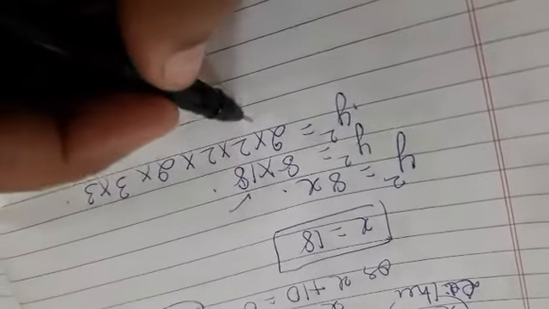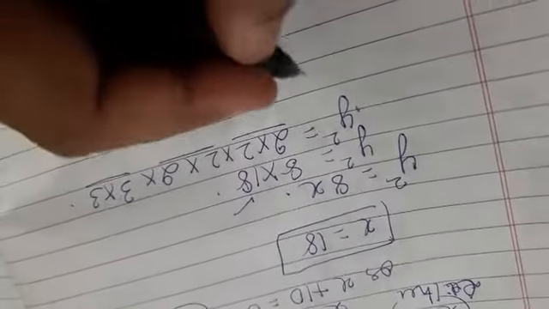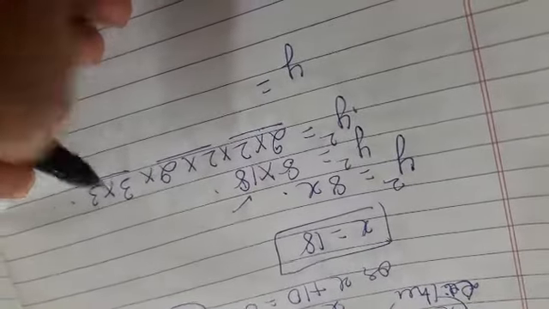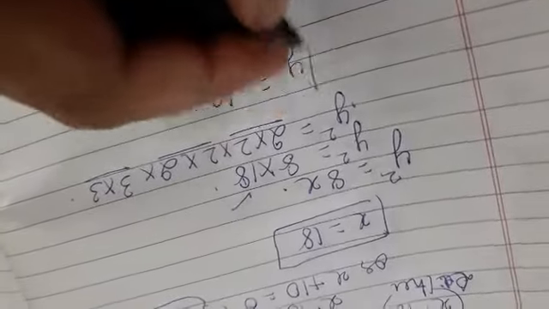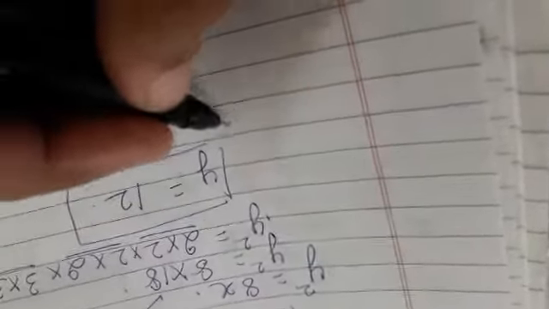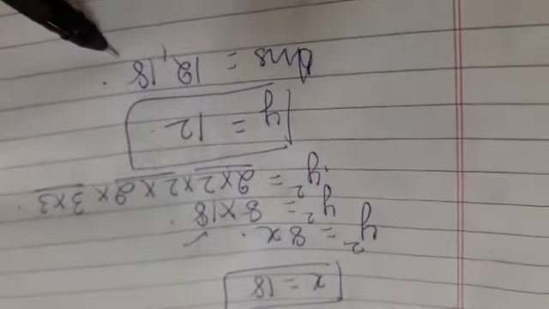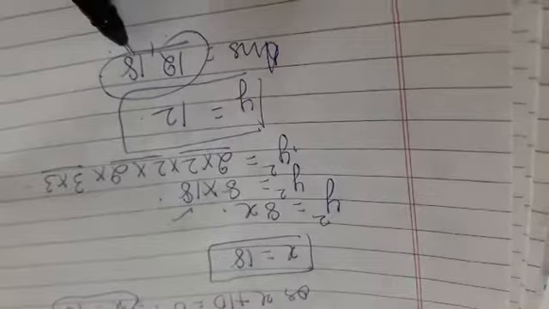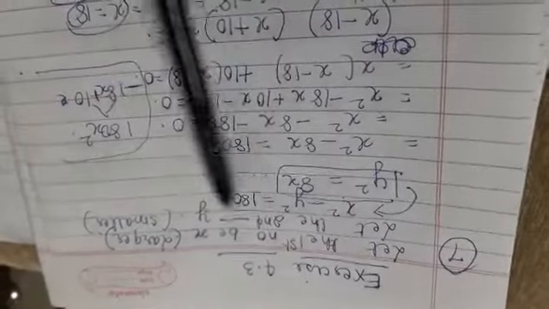So therefore I get the pairing of this, and I will get y is equal to 2 into 2 into 3, that is 12. Okay, so the two numbers are 12 and 18. The larger one is 18 and the smaller one is 12. Now this completes your question number 7. So I hope it is clear to you that let the larger number be x, smaller number be y.